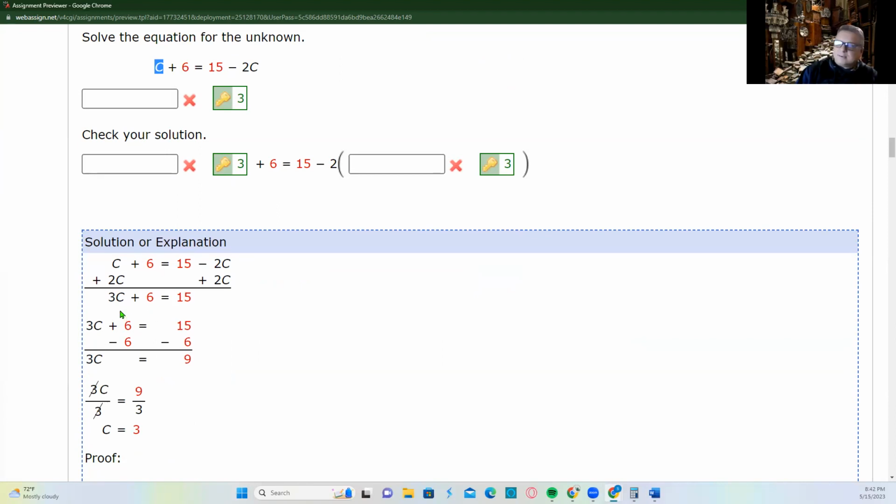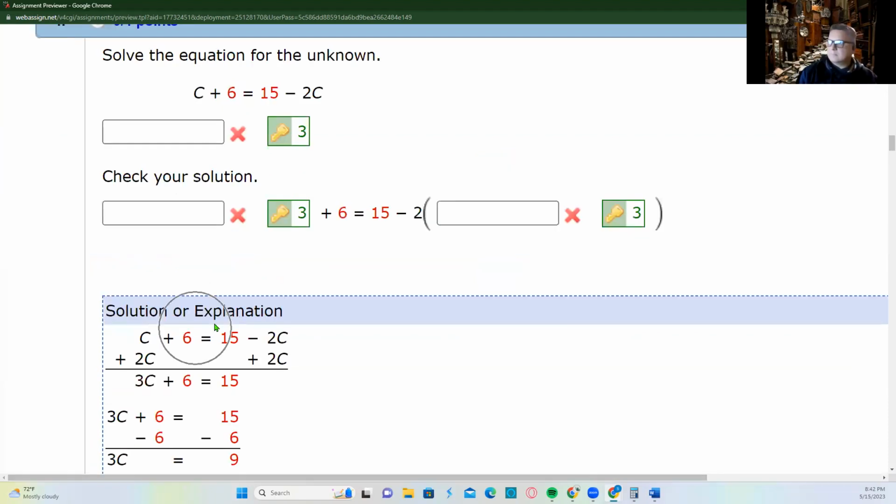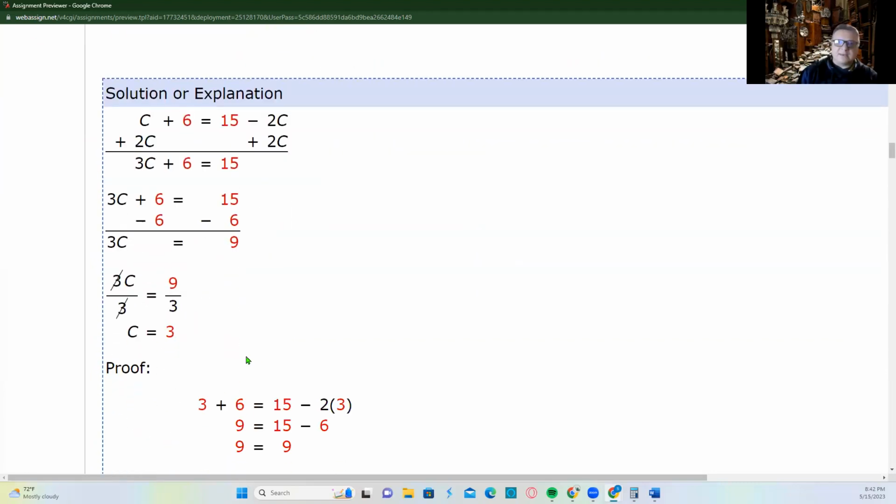Now I'm going to go back to what I did before. I'm going to subtract 6 from each side because I'm going to go farthest away from that variable and start just chipping away, getting closer to it. If they're adding 6, I'm going to subtract 6. That goes away. I subtract 6 from this side.